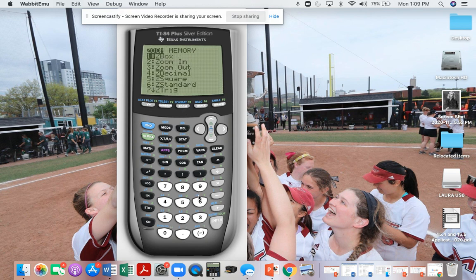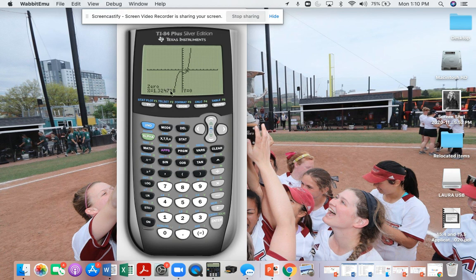If I look at the graph of the original, and I use the calculator to find the x-intercept, look at that guess, right?